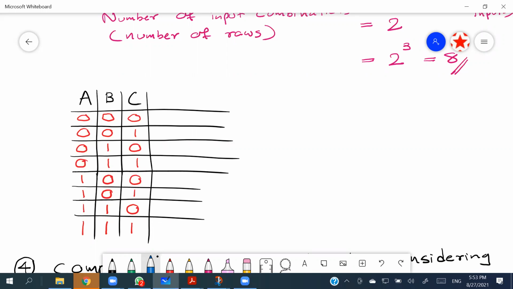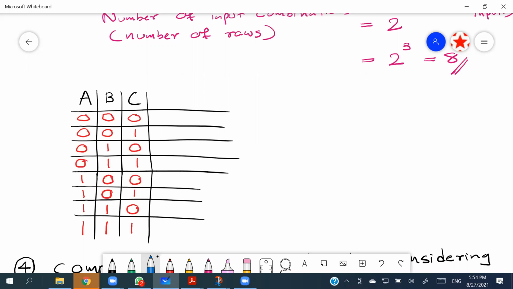The first half is filled with zeros, and the next half is filled with ones. So the first 4 rows of the first column are filled with zeros, and the last 4 rows of the first column are filled with ones.